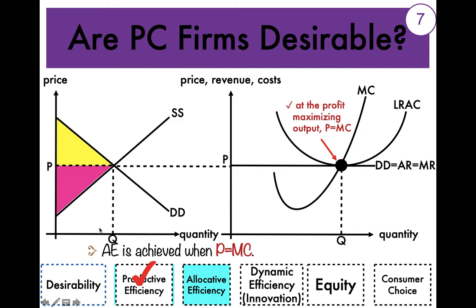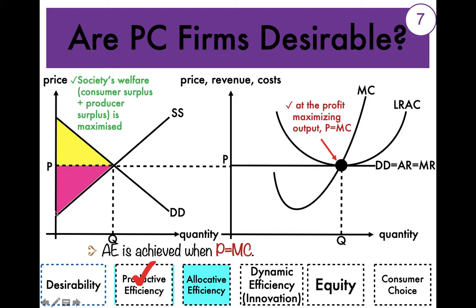Okay, on the left hand side, it indicates the equilibrium output of the market, which is the total output of all individual PC firms. Okay, so they are not the same Q, right? So this Q would be the summation of all individual PC firms' output level. And as a society, if you look at all the PC firms, the output Q would be maximizing the society's welfare because the consumer surplus and the producer surplus will be maximized.